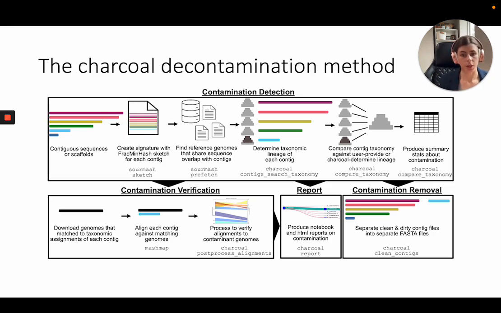There are also some visualizations and reports that can be generated. And then lastly, you can tell Charcoal to clean and remove the contiguous sequences. It splits them into a clean and dirty file, so you still have access to the sequence, but they're split apart, so you can see Charcoal's determination there.